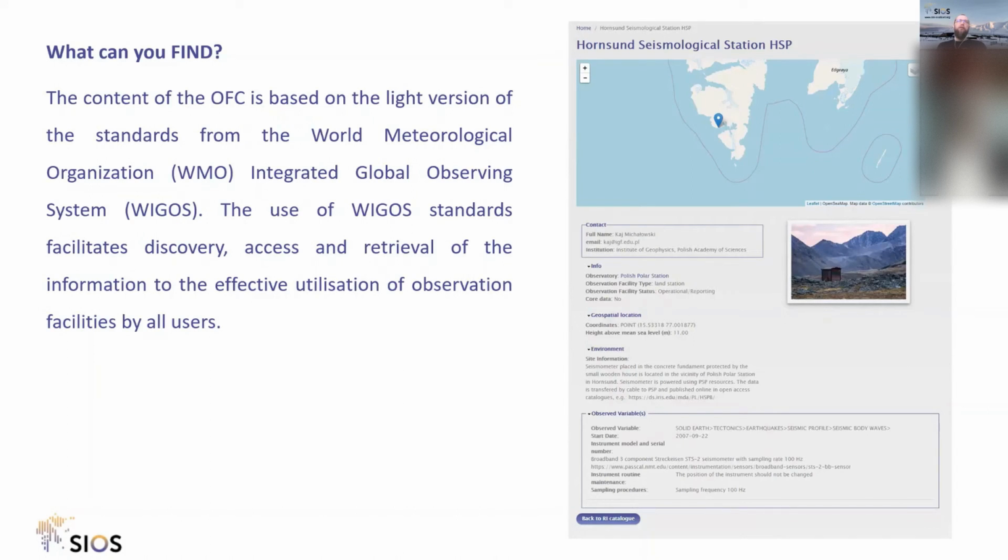This also allows building a joint system of operation between the database and the research infrastructure. So when the system is perfect, you will be able to connect the data access portal with the observation catalog and just move between the data sets and the facility.